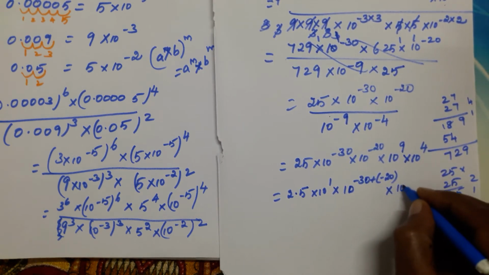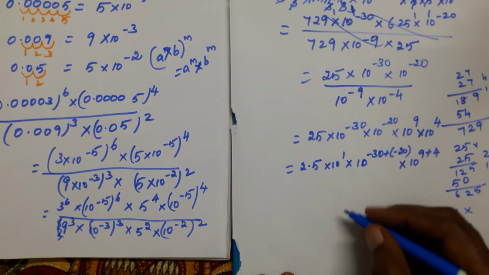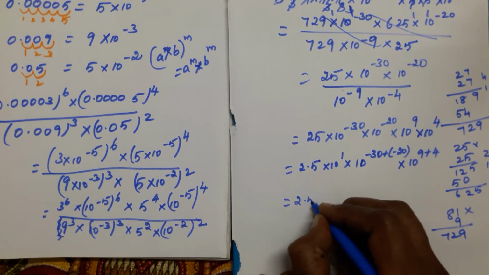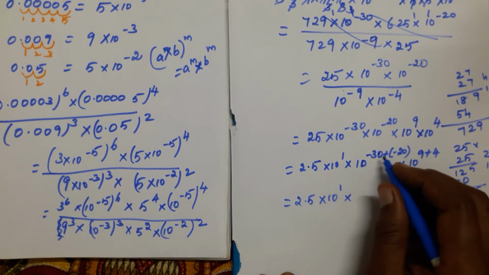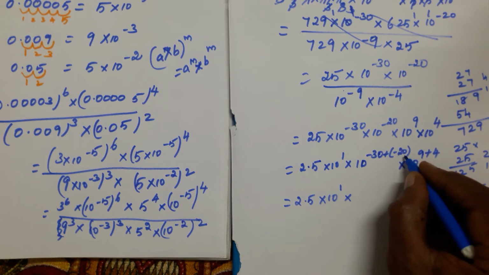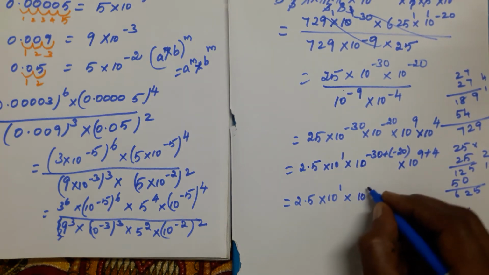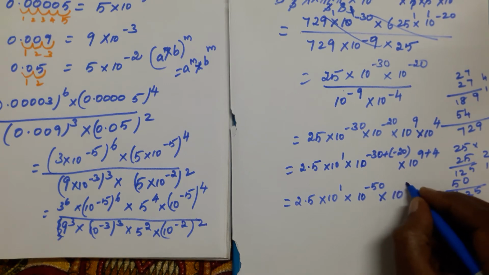This also 10 power 9 plus 4. It is equal to 2.5 into 10 power 1 into, minus 30 plus minus 20, 10 power minus 50, into 10 power 13.